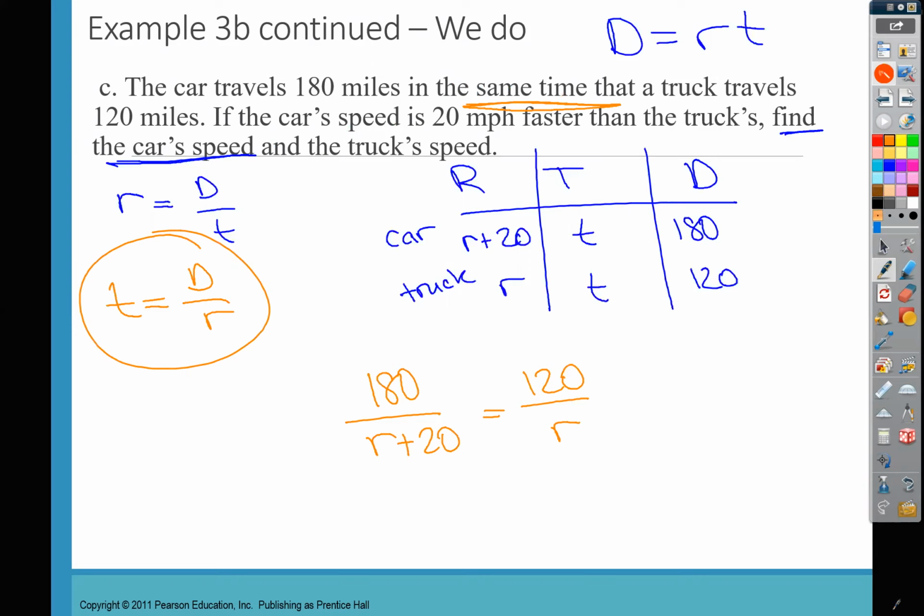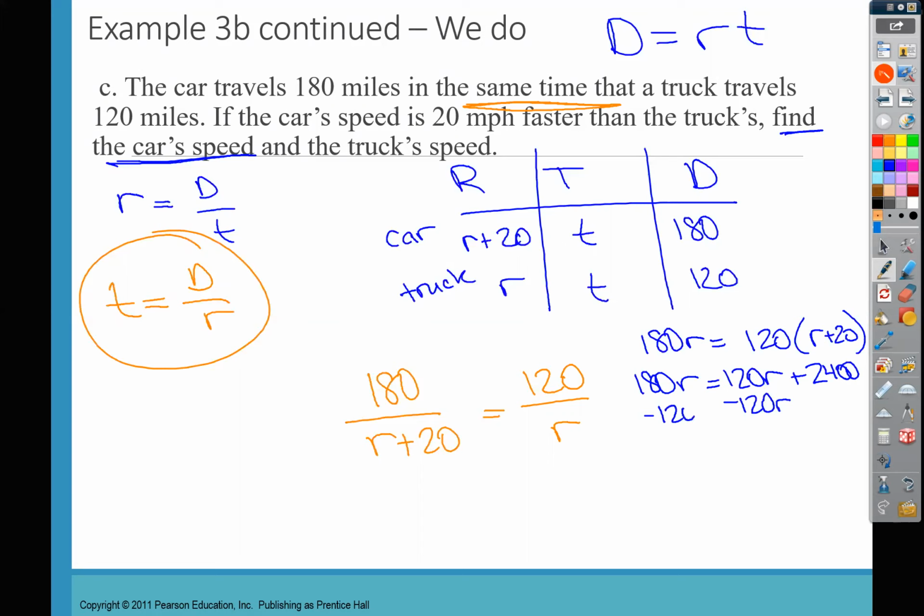So we are going to cross multiply. I would get 180R equals 120 times R plus 20. So 180R equals 120R plus, if I multiply that, I would get 2400. So I'm going to subtract 120R from both sides. Now we get 60R equals 2400.